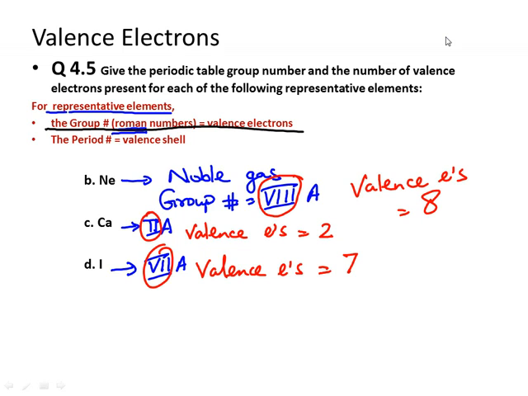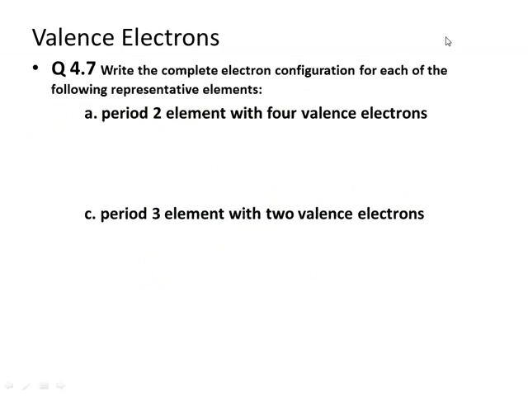Okay, so let's move on to the next problem. Write the complete electron configuration for each of the following representative elements. Okay, so there are a few things that you have to do before you start.